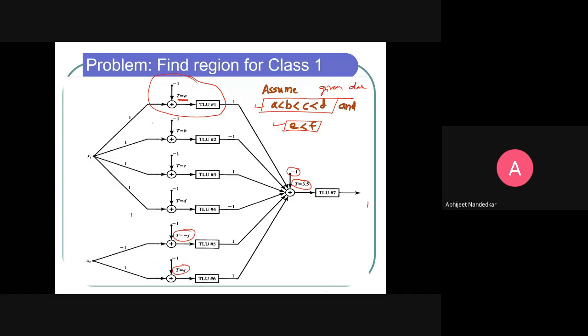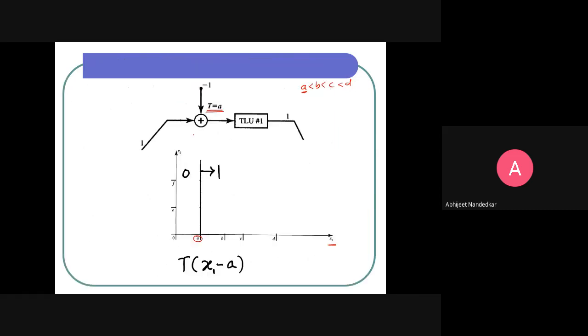It has weight 1, only one input is going here, that is x1, and the threshold for comparison is A. So what is implemented here is x1 compared with A, so the net here is x1 minus A. This threshold logic unit 1 will fire whenever your net is more than 0, so whenever x1 is greater than A, this neuron is going to fire.